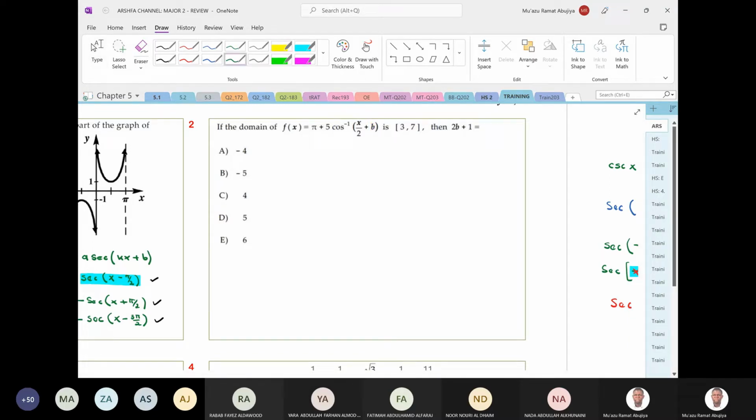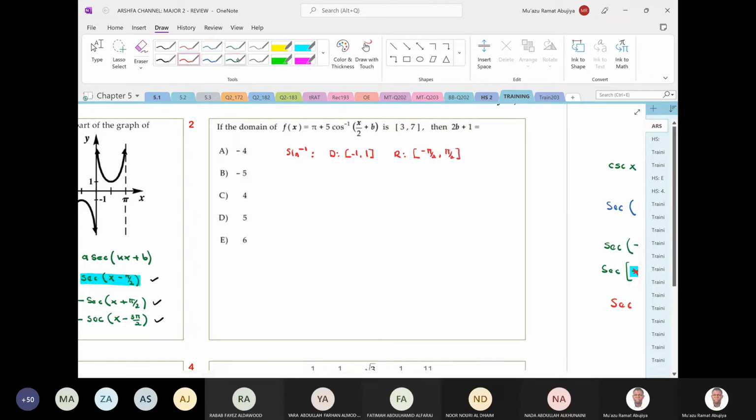Now, we need to understand first, what is the domain of sine inverse and what is the domain of cosine inverse? So let me write it out here in case we want to further study. For instance, the domain of sine inverse is always from minus 1 to 1, and the range for the sine inverse, we know, is minus pi over 2 to pi over 2.